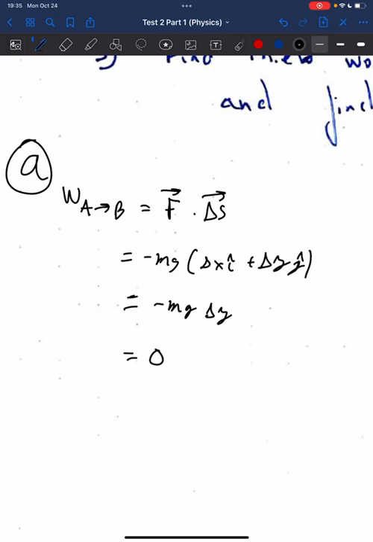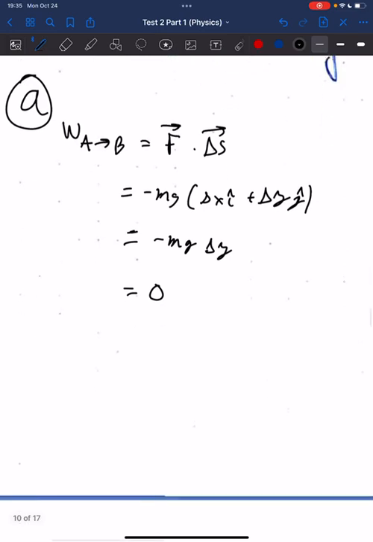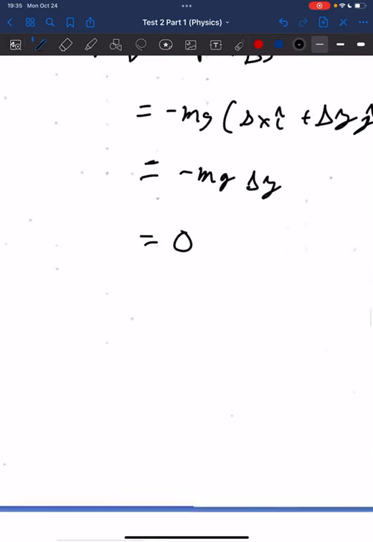And it says find the velocity V acting on the particle. So in other words, the work from A to B is the change in kinetic energy, kinetic final minus kinetic initial. We get that formula.